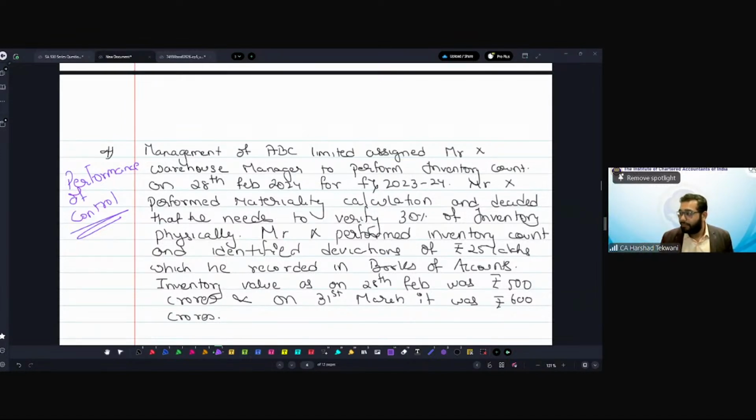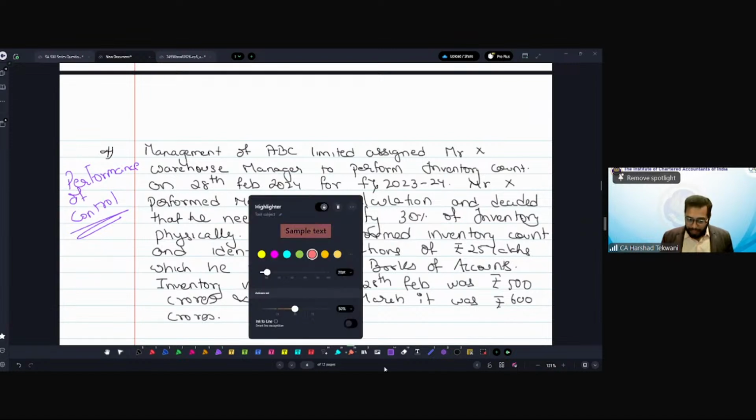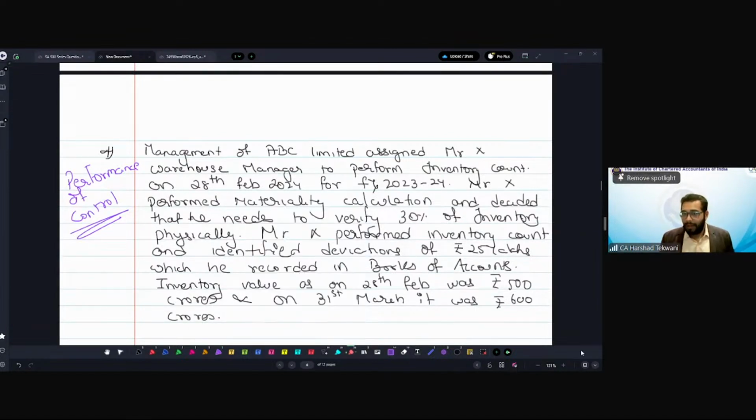Sir, management is asking the warehouse manager himself to verify the inventory count, but he is the one who has managed it and he is only doing the inventory count, so definitely he is interested in that. If he has done wrong, he will not identify it because he has done it willingly maybe.